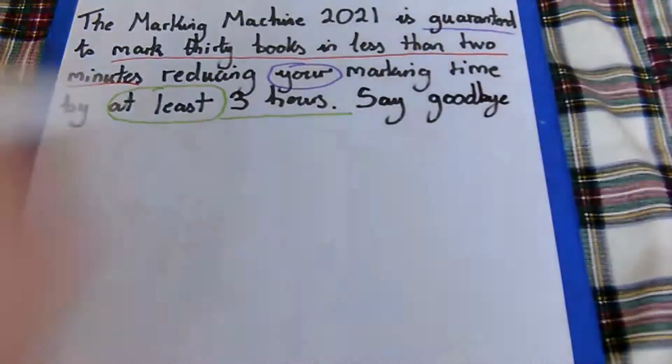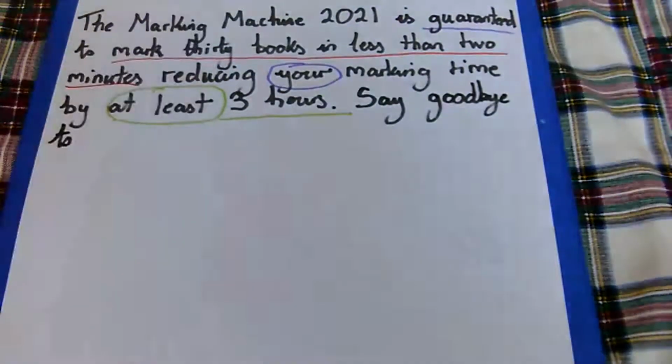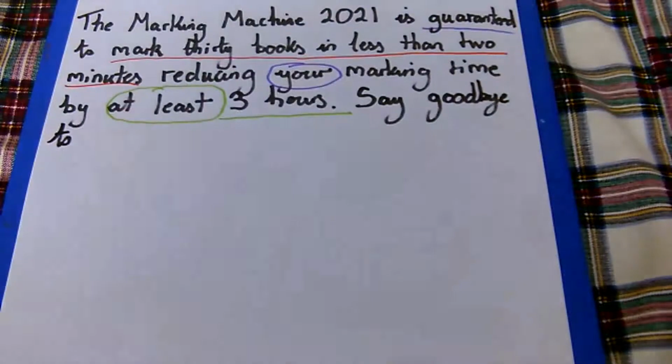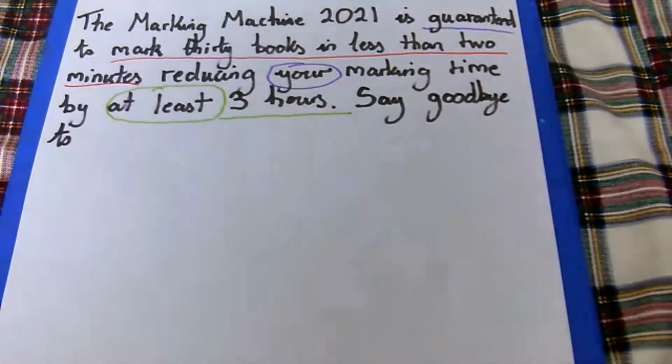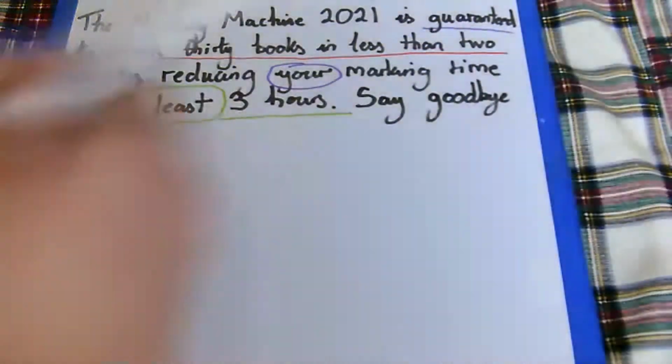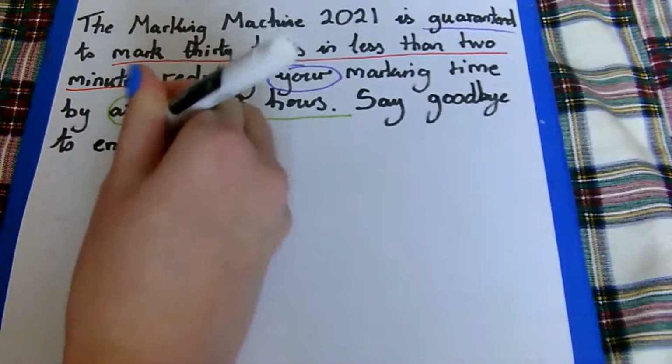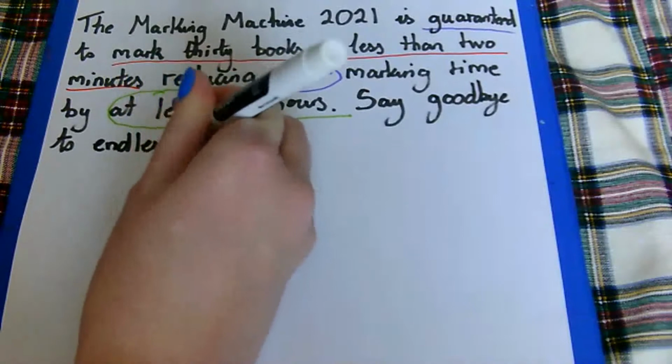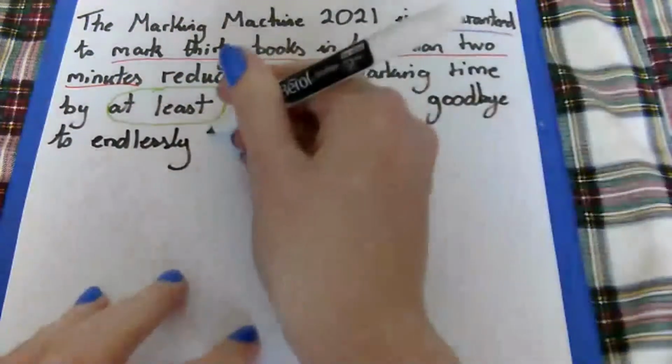Say goodbye to, now I want to say here searching for highlighters, but let's see if we can think of an adverb before searching. So something which makes it seem like I'm always searching for highlighters. Endlessly. So say goodbye to endlessly searching for highlighters.